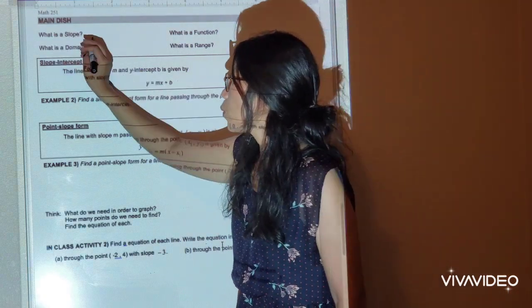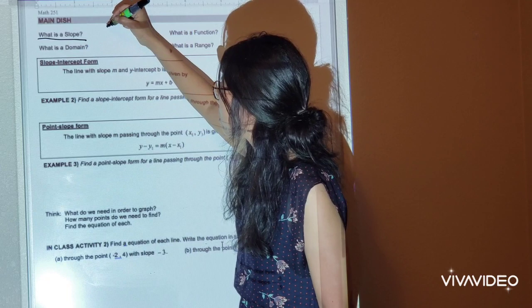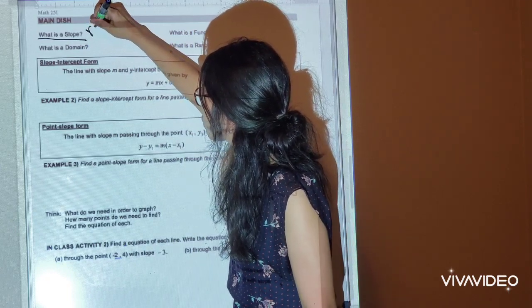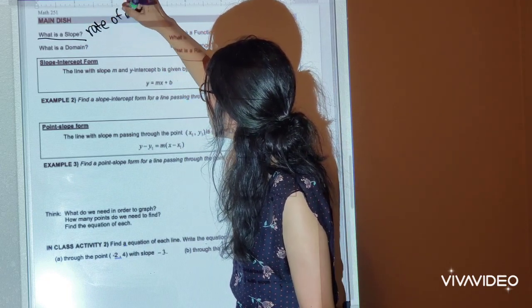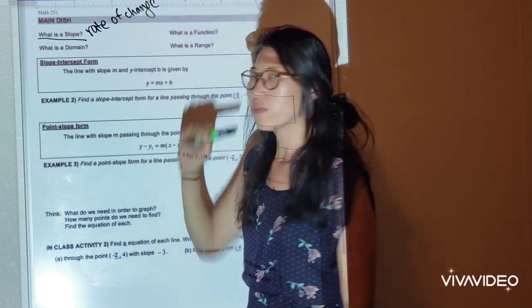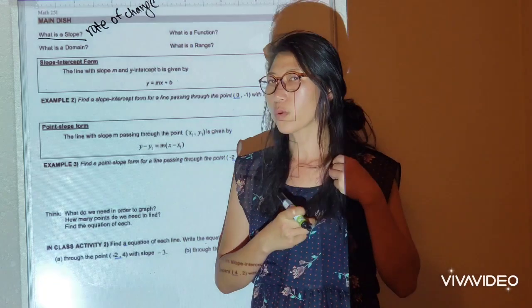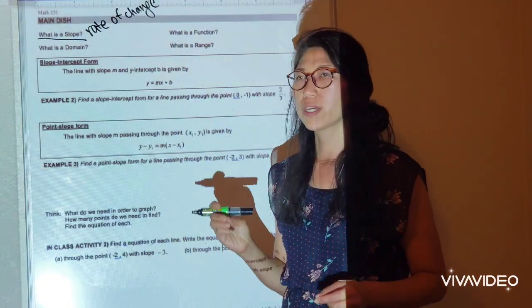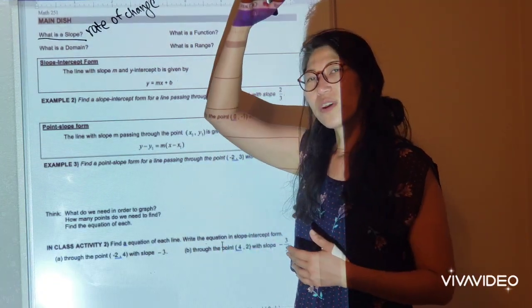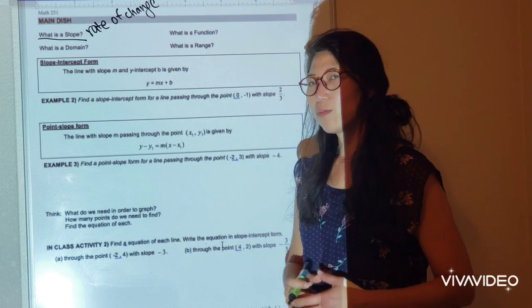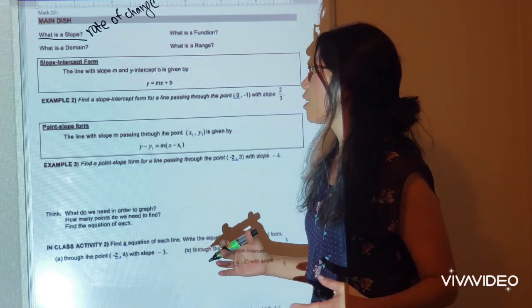So what is a slope? Slope is rate of change. Whatever it changes, you can think about as slope. Like my hair is growing, my fingernails are growing, my height is growing when we are a teenager, and maybe your weight is growing.